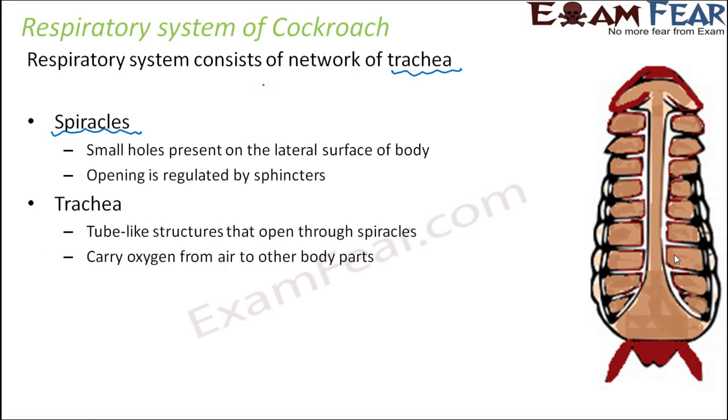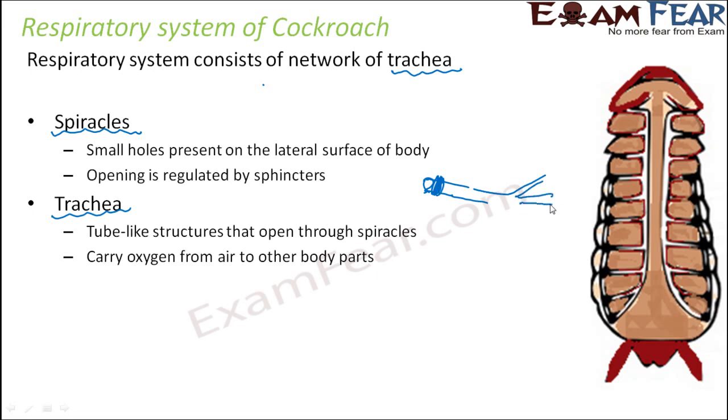Trachea are tube-like structures that open through spiracles and carry oxygen from air to other body parts. As I said, they are tube-like structures, they help in carrying oxygen. So it is somewhat like this. Let us suppose if this is a sphincter, this is the hole which is spiracle. This is your trachea, the tube-like structure.